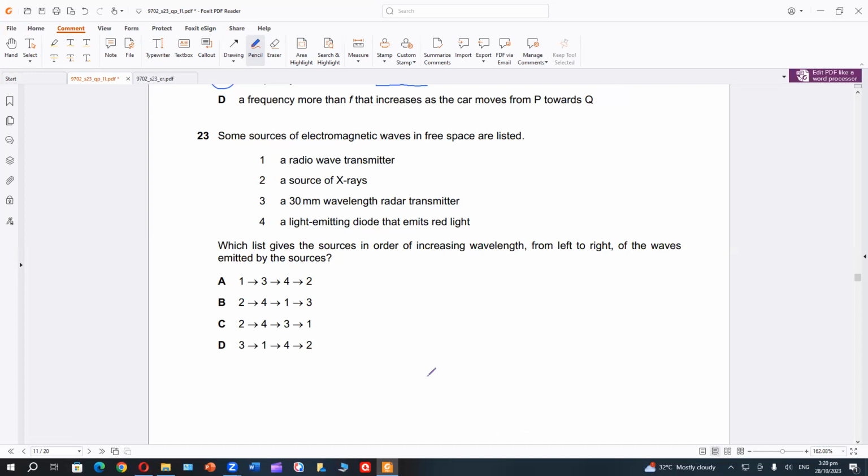Some sources of electromagnetic waves in free space are listed: a radio wave, a source of X-rays, a 30 millimeter wavelength radar transmitter, a light emitting diode that emits red light. Which list gives the sources in order of increasing wavelength from left to right of the waves emitted by the sources?